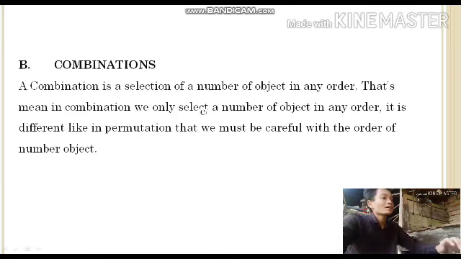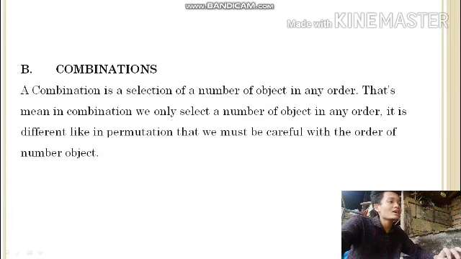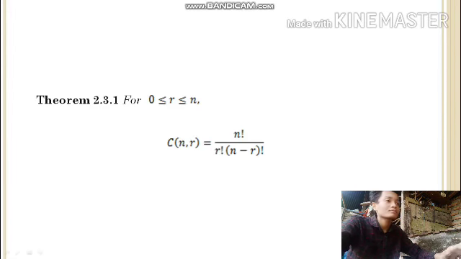Next is combination. It is a selection of a number of objects in any order. That means in a combination, we only select a number of objects in any order. It's different from permutation, where we must be careful with the order of the objects.